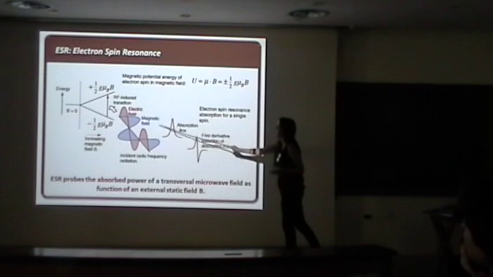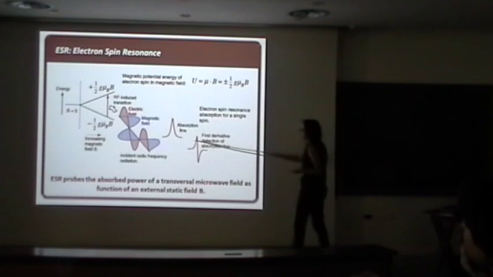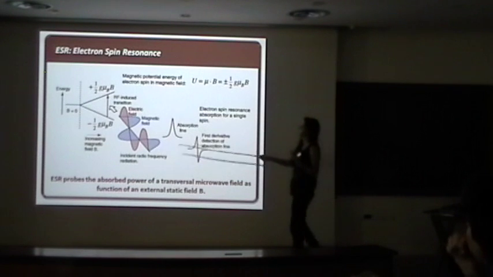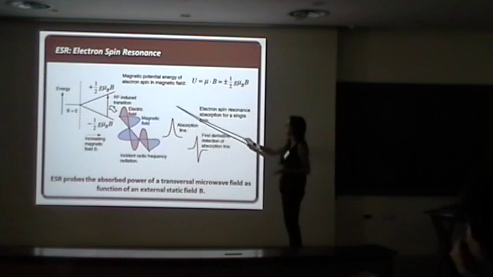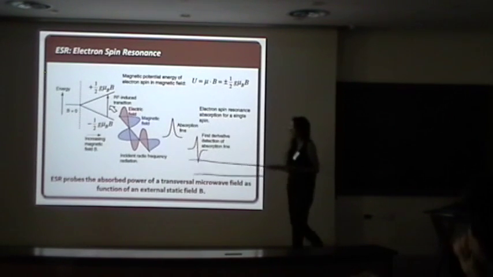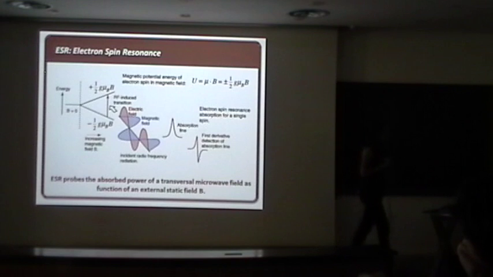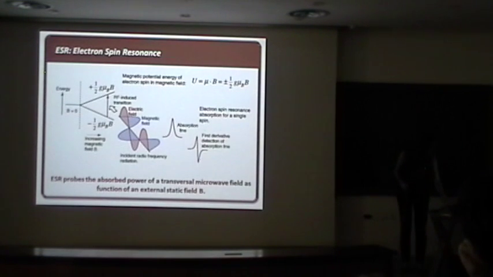So here is the absorption line with respect to the applied field. You can tune your field and then you see a peak in your absorption. And usually the experiments show the derivative of this signal, and I don't know exactly what's the reason for that.